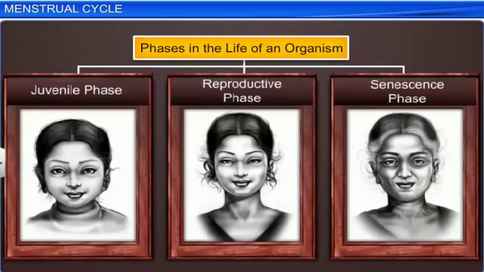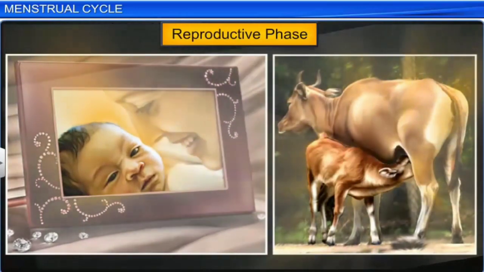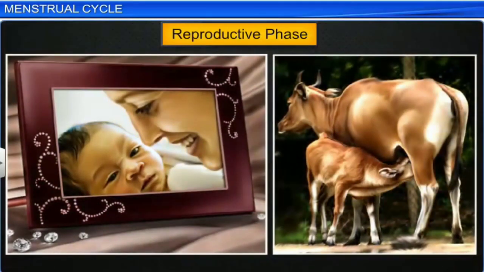There are 3 phases in the life of a living organism: juvenile, reproductive, and senescence. During the reproductive phase, organisms give birth to offspring. Interestingly, most organisms display certain morphological and physiological changes during the reproductive phase.